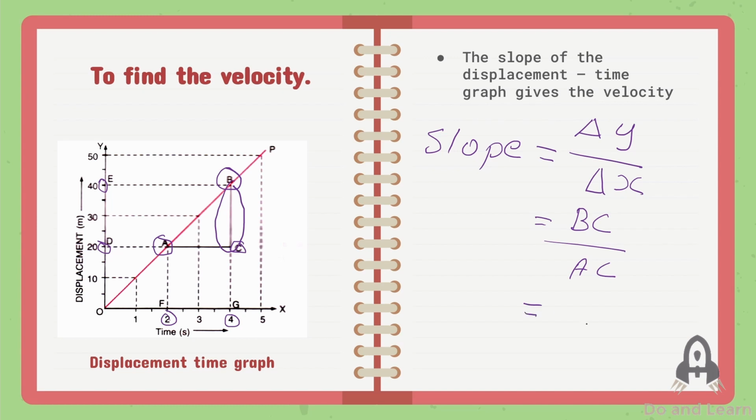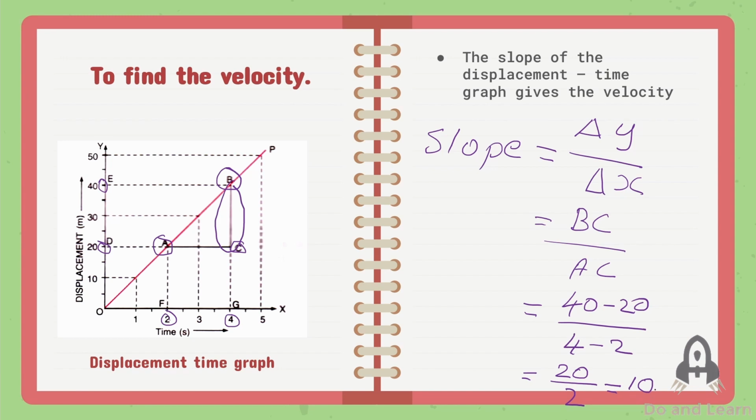Put the values. BC means 40 minus 20, divided by 4 minus 2. That is equal to 20 divided by 2, which equals 10. Right?